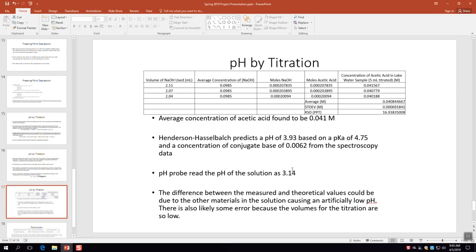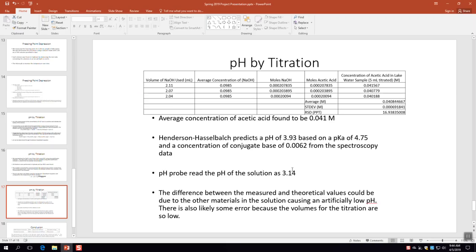The difference between the measured pH and the theoretical pH could be because of other materials in solution causing an artificially low pH. A pH meter is essentially a conductivity meter that is specific to hydrogen ions. If you have a lot of other ions in solution, it can throw off pH readings, and that's not something I want to get into in too much detail here, but pH meters aren't always super accurate in solutions with lots of ions.